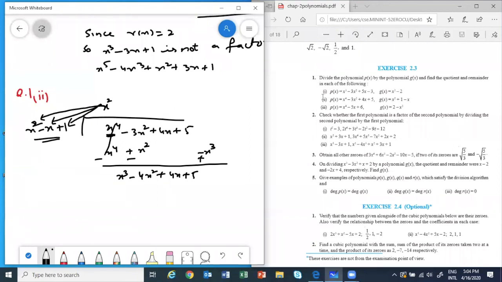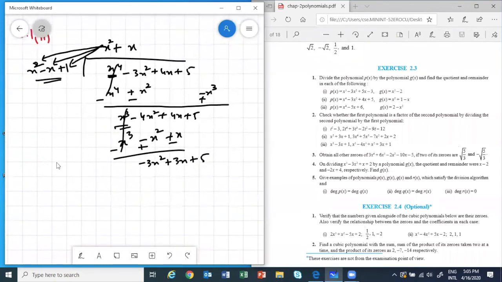See, I kept my x cube on the other side, but then I'll bring it down first because the power is higher. Now I'll eliminate this one. So I'll take plus x here. Then I get x cube minus x square plus x. Change the sign. This one goes. We have minus 3x square plus 3x plus 5.